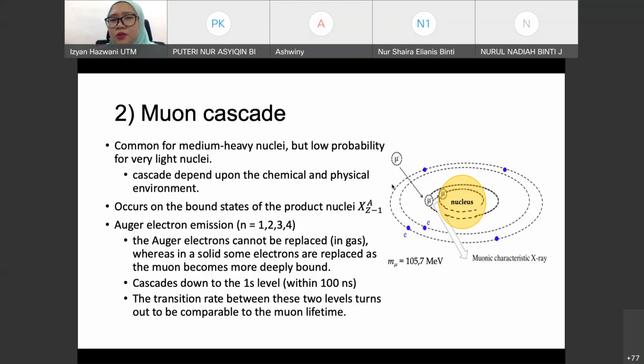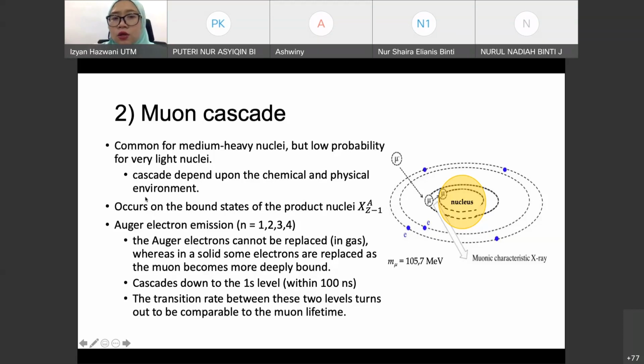So it depends very much on the chemical and physical environment of the nuclei as a target, and it often occurs on the bound state of the product nuclei. This is the product after muon capture on an X atom with A and Z. We have one proton missing and transforming to a neutron, so we have Z minus 1 here.